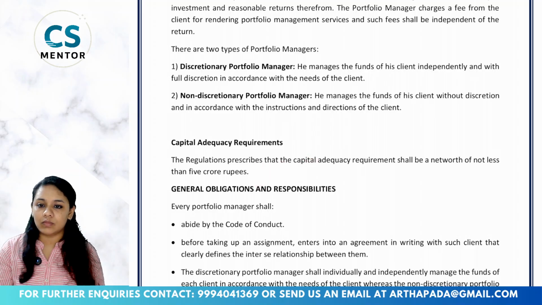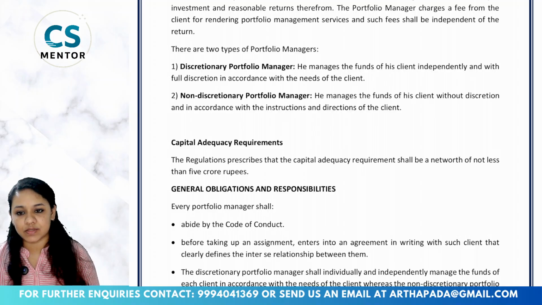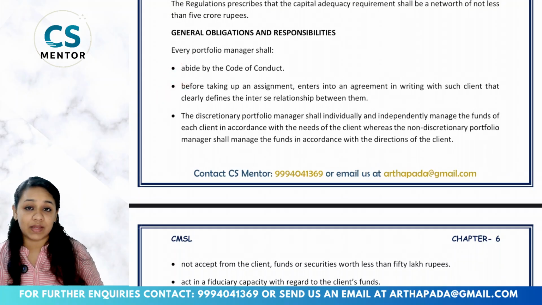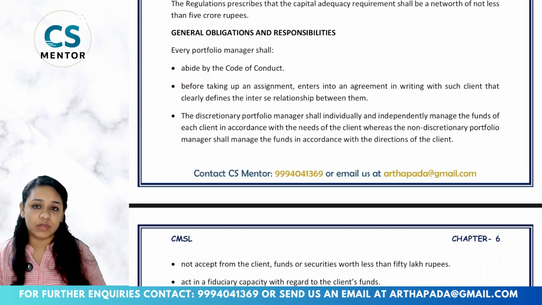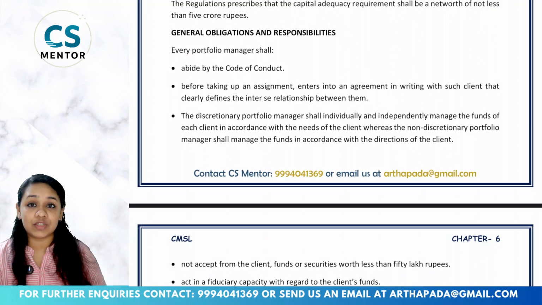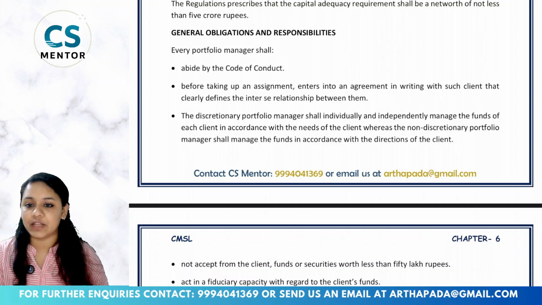Okay. Normally you'll see capital adequacy requirements minimum is at least 5 crore rupees, and then general obligations we see similar over here, but in addition to the normal general obligations he has a little bit more, because portfolio managers are dealing with a lot of money, and 1 crore is very less. Some people will even come and easily hand over 50 crores and they'll be like, manage it.